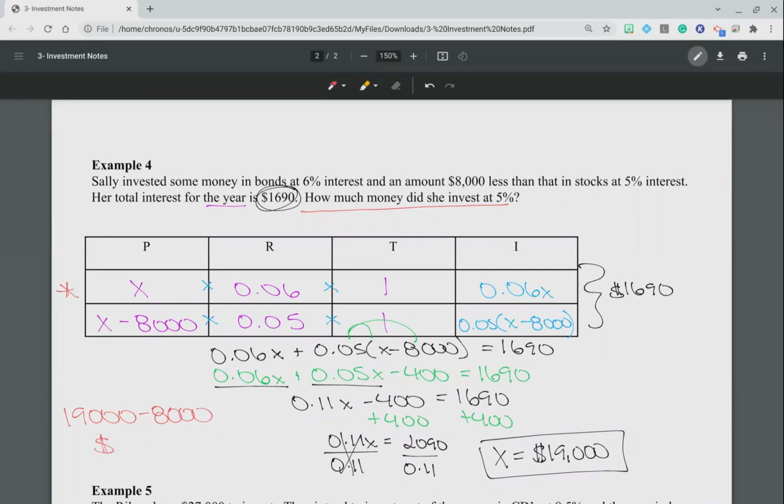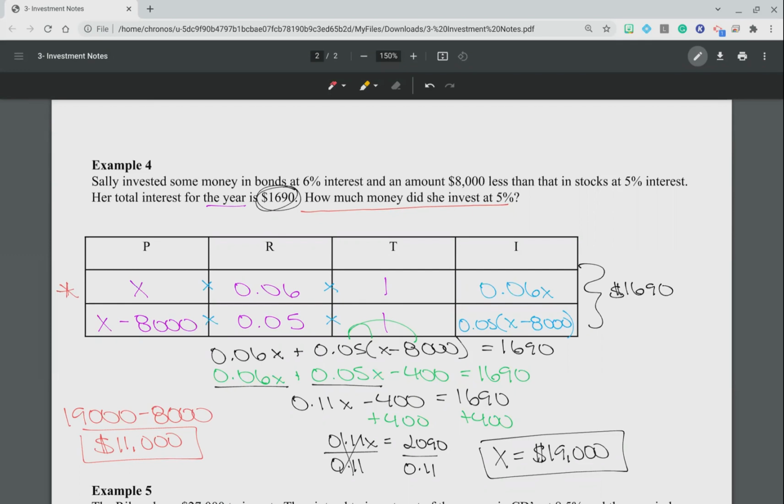And so at 5%, she will invest $11,000. Okay, so I know it looks like a lot. The table is just to help you organize your thoughts. You're still just doing I equals P times R times T.